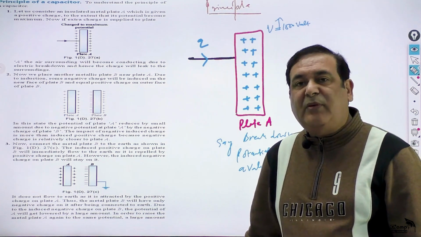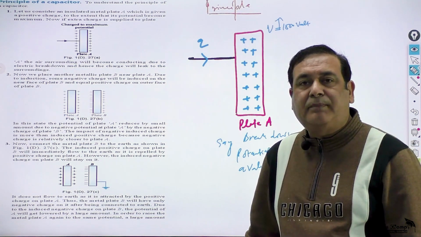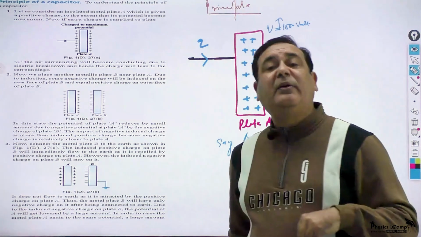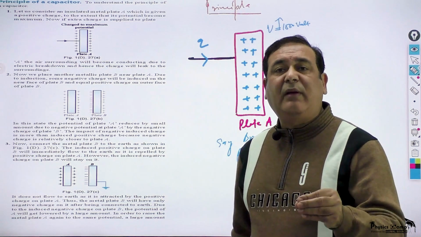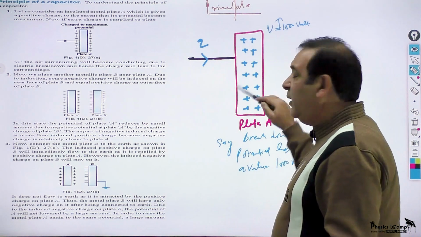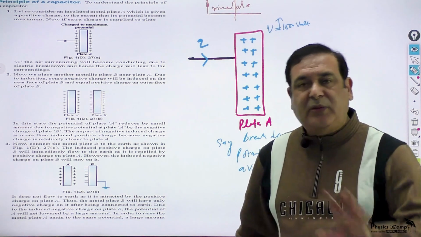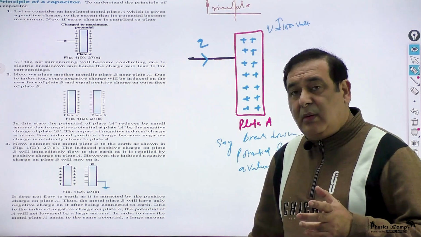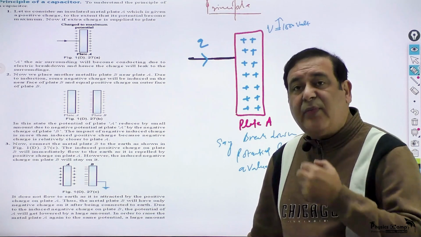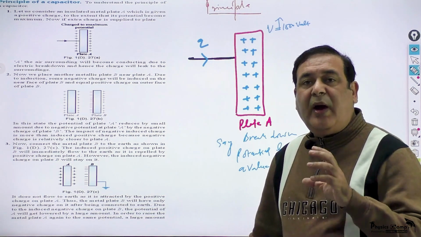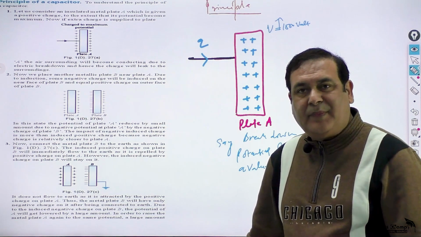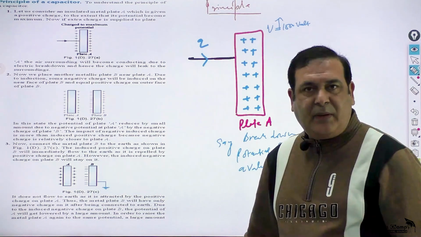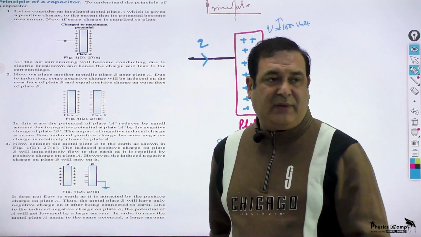So once its potential reaches 1000 volt, you should stop, because if you try to supply more charge, the potential will increase, air will get ionized, and the whole charge will leak into the ground. So the limit has been reached. Now, what we are actually looking for is to have more capacity. To this extent, we can supply charge, no problem. But I want it to have more capacity.